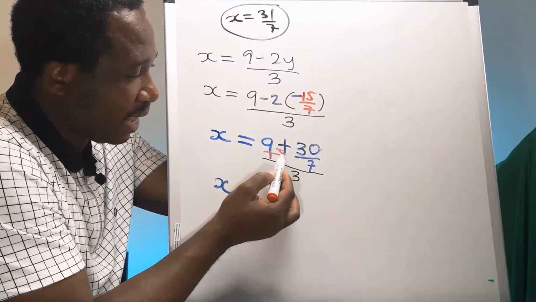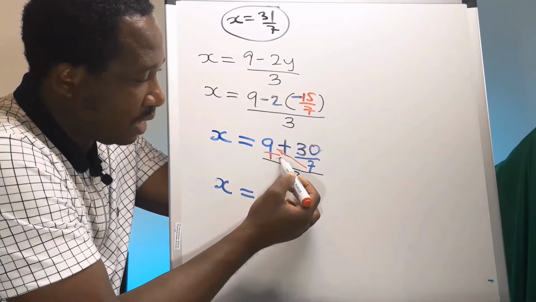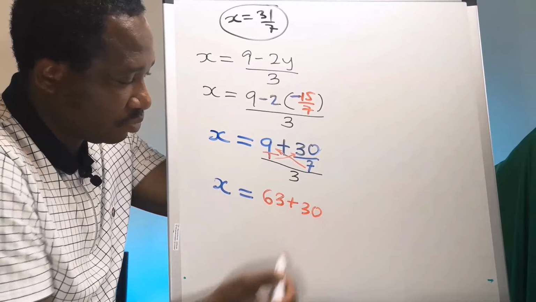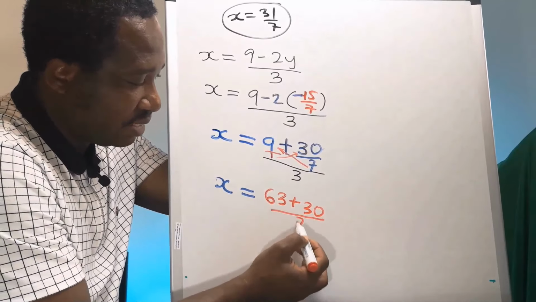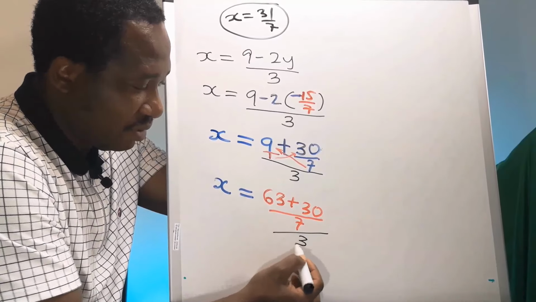7 multiplied by 9 will give you 63. 1 multiplied by 30 will give you 30. Everything divided by 7. At the denominator, you have 3.